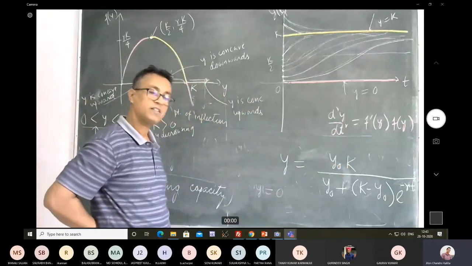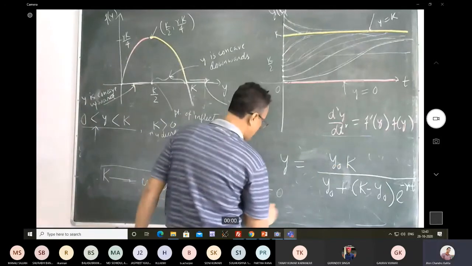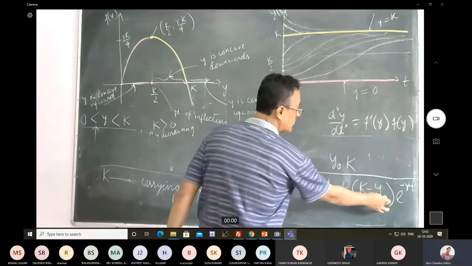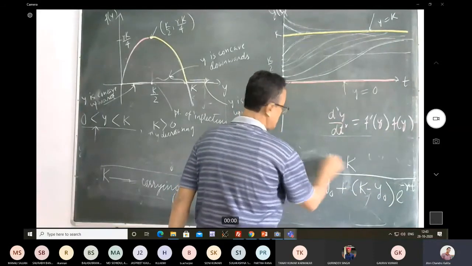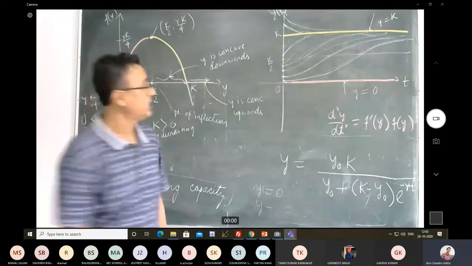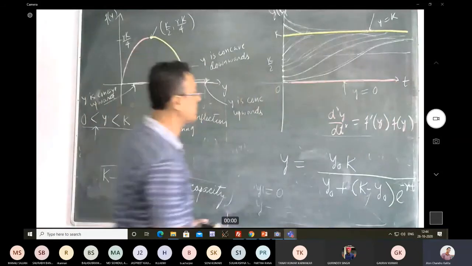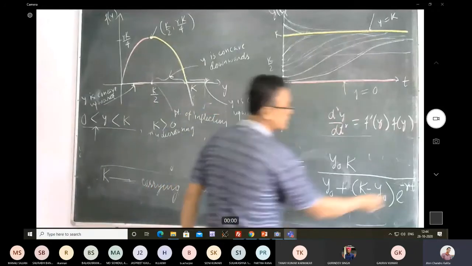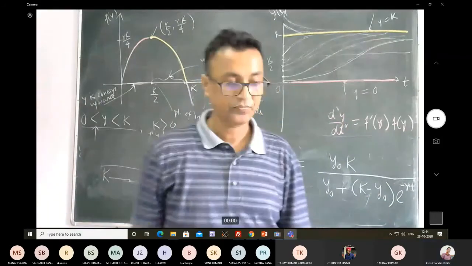And if y not equal to k, then this part is going to be equal to 0, and eventually you are going to get y equal to k. So if you start with y not equal to 0 and k, then as t tends to infinity, this term is going to go to 0. So eventually y is going to be equal to k. Is it okay with everybody?